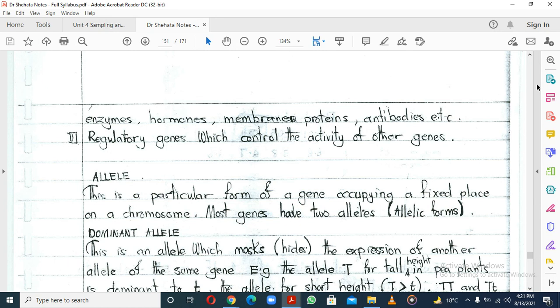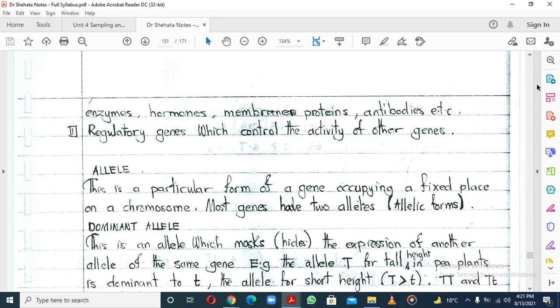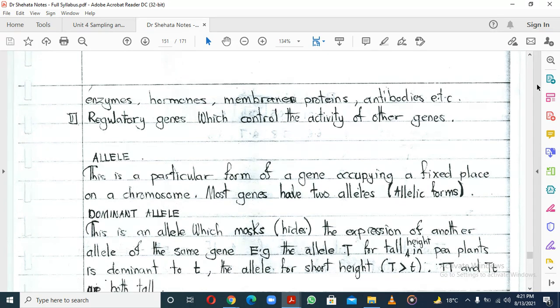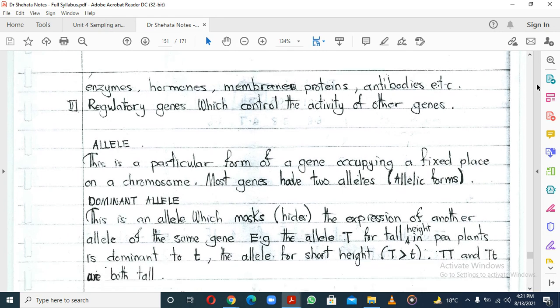Those are the ones who will be doing the actual job. But that supervisor is equally important because he's the one controlling to ensure that those people can actually do the job really well. So I feel that's an example that can be very helpful in understanding structural and regulatory genes.